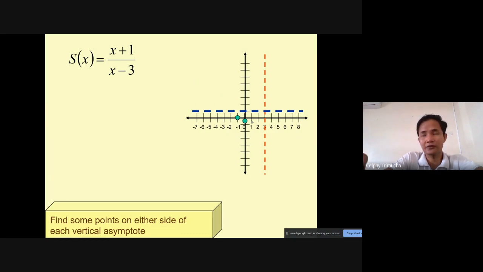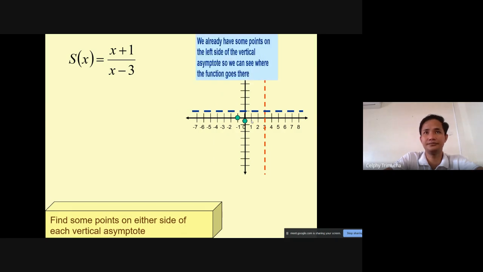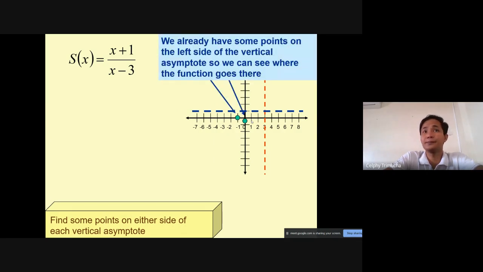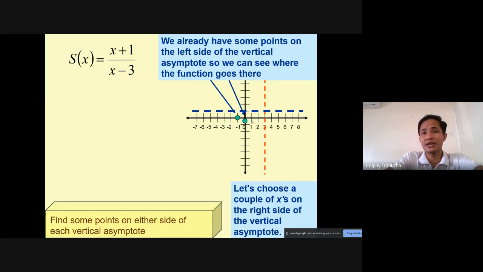Next one, find some points on either side of each vertical asymptote. We already have some points on the left side of the vertical asymptote, so we can see where our function will go. So let's choose a couple of x values on the right side of the vertical asymptote.